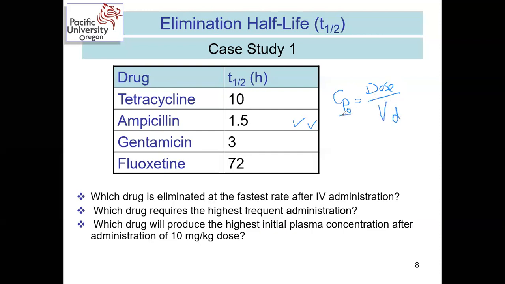So I am asking about the CP0. Which drug will give me the highest CP0 if we give a dose of 10? So I gave you the dose of 10 milligram per kilogram. But you need the volume of distribution to be able to calculate CP0. But if I didn't give you VD, you will not be able to calculate CP0. So in this case, you don't have enough information.